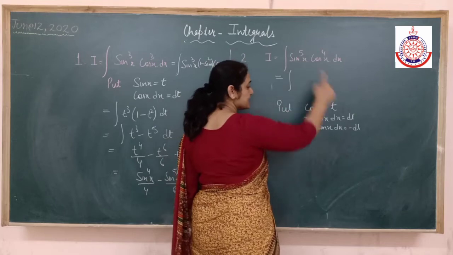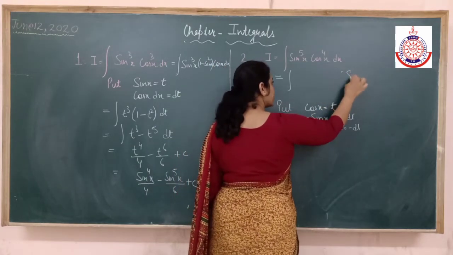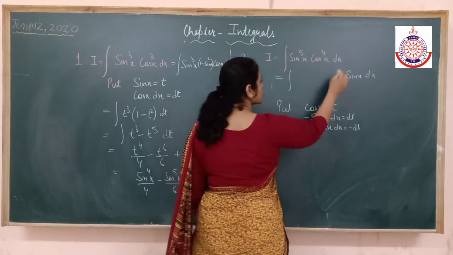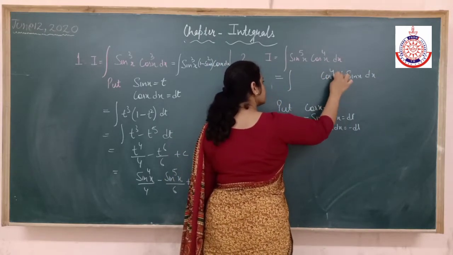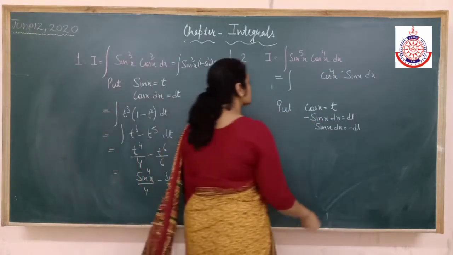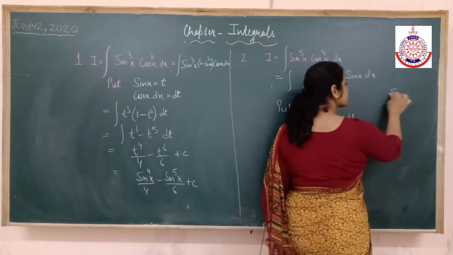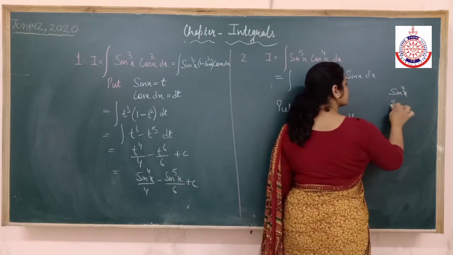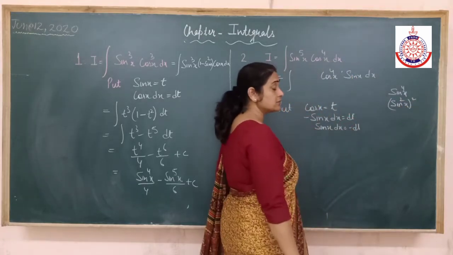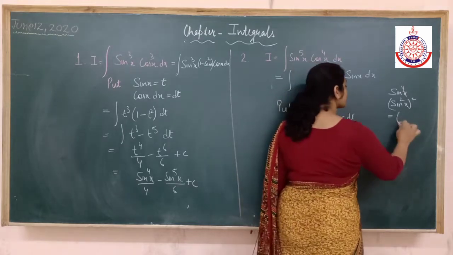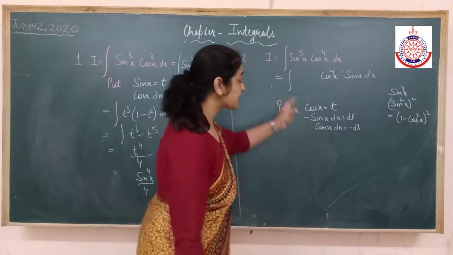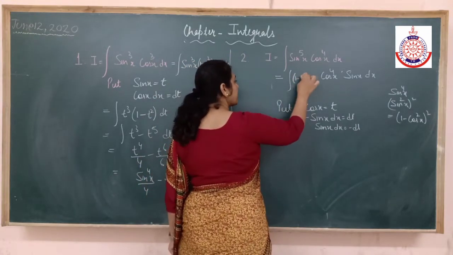Out of 5 sines, one sine will adjust with dx, so I am going to write that sine separately. Cos is not a problem. That I substituted. I have sin raised to power, what is left? Sin raised to power 4 is left. So I can write that sin raised to power 4 as the square of sin square. In place of sin square I am writing 1 minus cos square, because I substituted cos x equals t. So I need to convert this sin into cos.